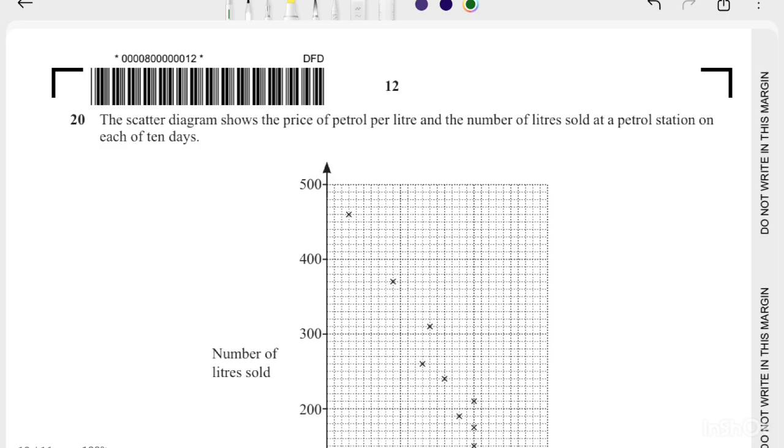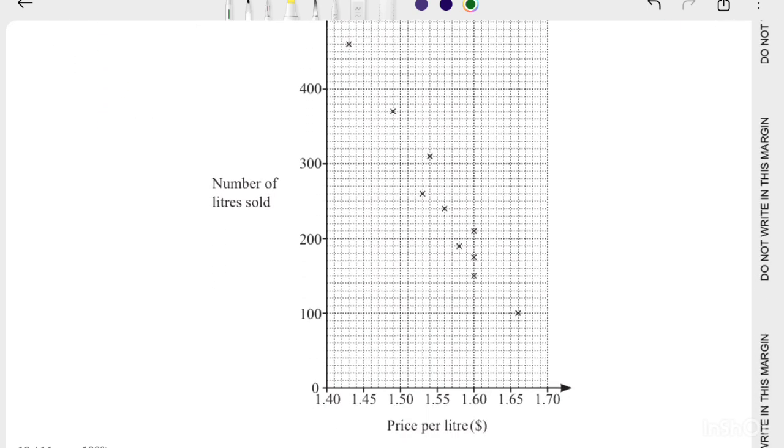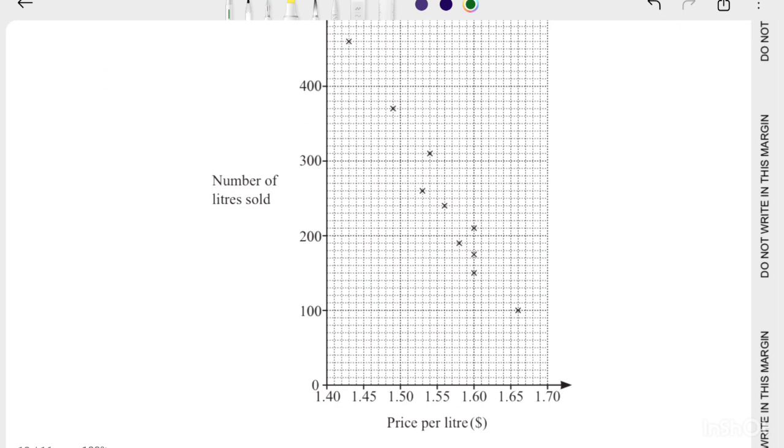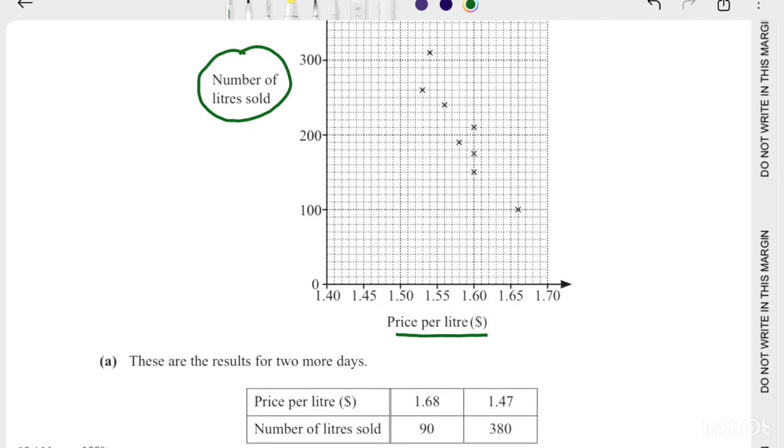Question number 20. The scatter diagram shows the price of petrol per liter and the number of liters sold at a petrol station on each of 10 days. So let us discuss it. Along the x-axis the price of petrol per liter is given, and along the y-axis the number of liters sold is given. So first of all we should know the scale along the x-axis and y-axis.